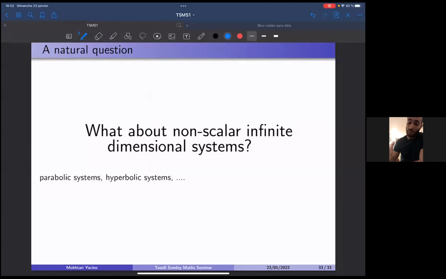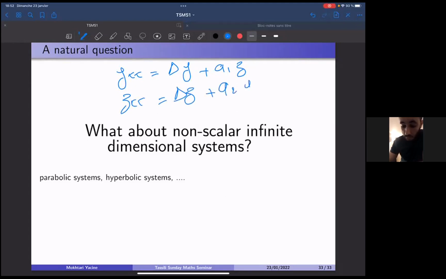For instance, if we consider two heat equations or two wave equations, the first equation is y_tt minus Laplacian y plus A1 z, and the second one z_tt minus Laplacian z plus another coefficient A2 y, and I put a control in one equation. So the question here is: what are the assumptions on A1 and A2 such that these two wave equations are exactly controllable? This is the subject of the second part of this talk. Thank you.